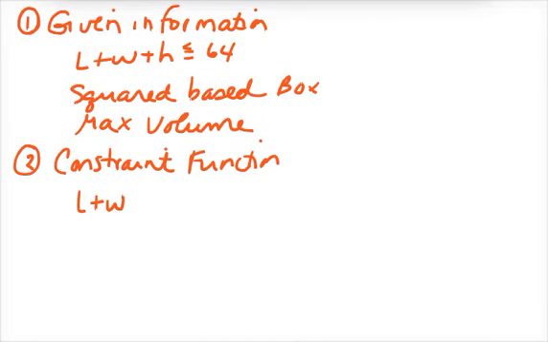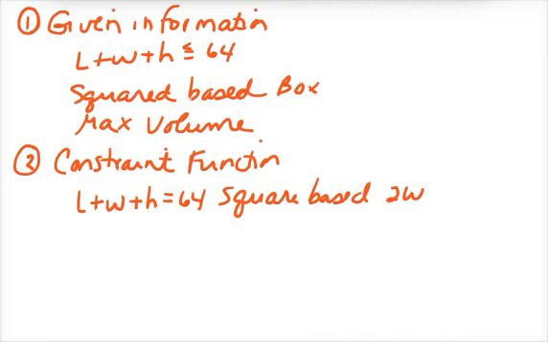So L plus W plus H has to equal 64. And then you were given that it's square-based. So that would mean that the length and the width are equal. So this constraint is just simply 2W plus H equals 64. So that's your constraint function.